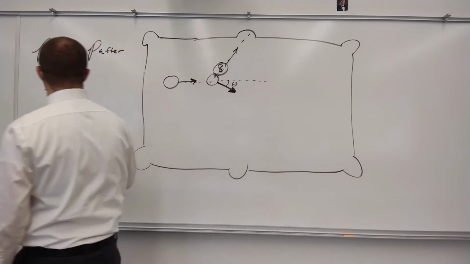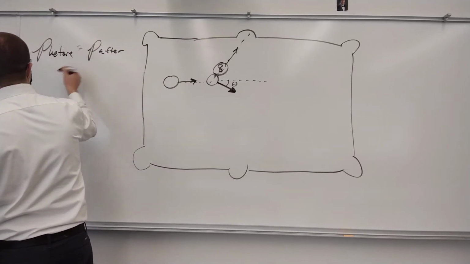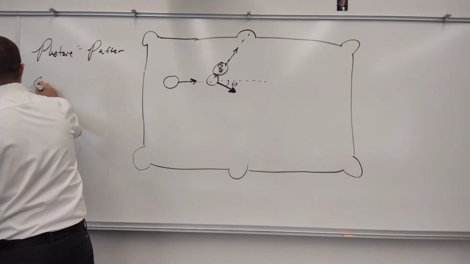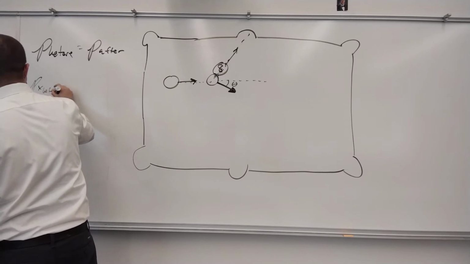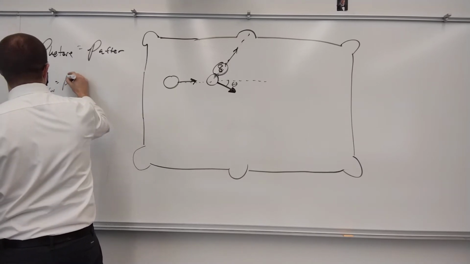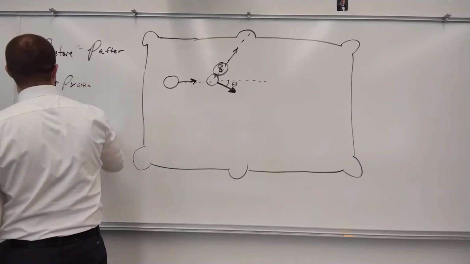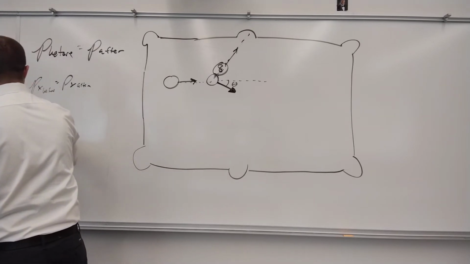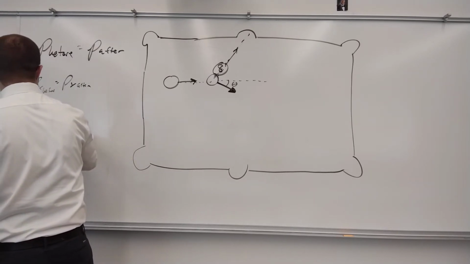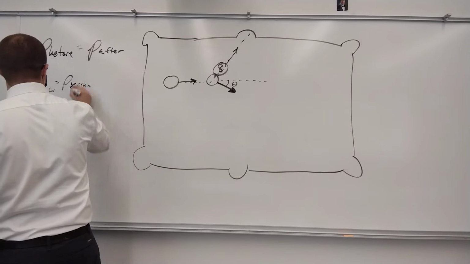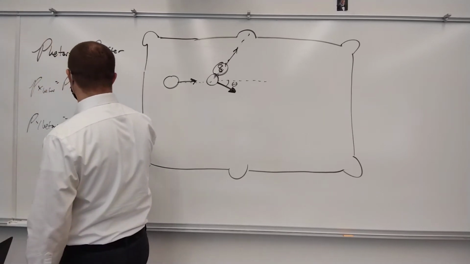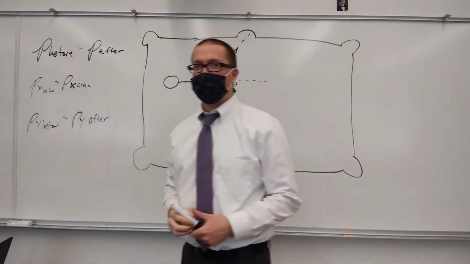So what we do here is, rather than just saying that, you can say Px before equals Px after, and Py before equals Py after. That's what we end up saying here.